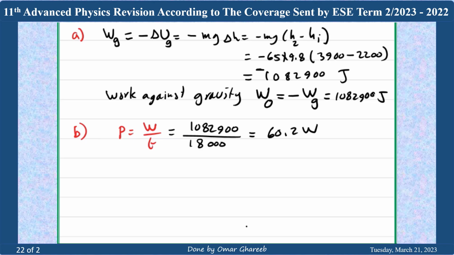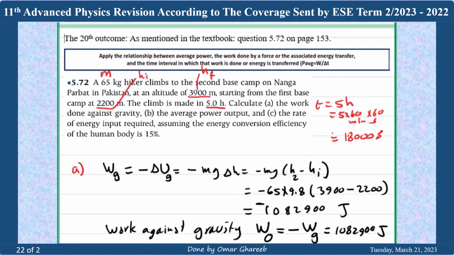Now for C, the question needs the rate of energy input required, assuming the energy conservation. So how much energy, if there is a 15% loss, that is the meaning of C. The rate of energy input required, assuming the efficiency of the human body is 15%.